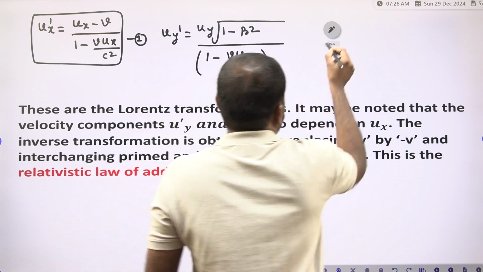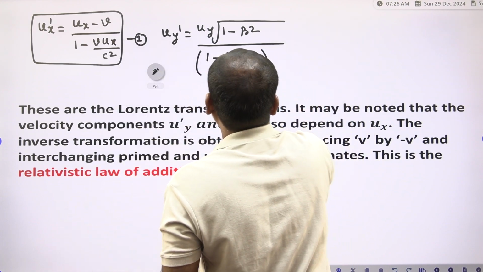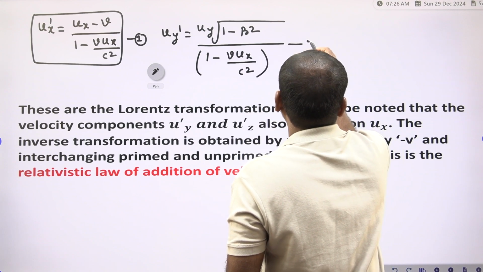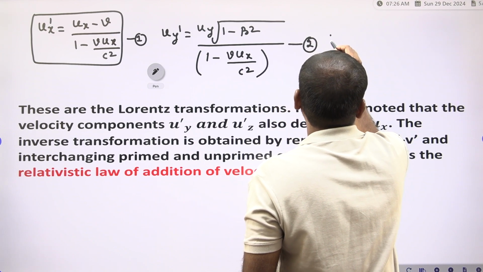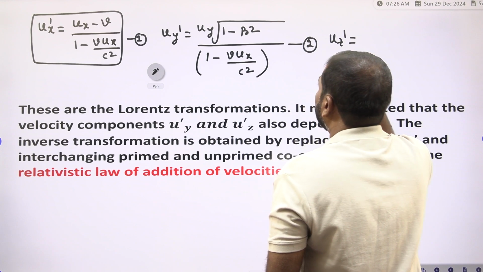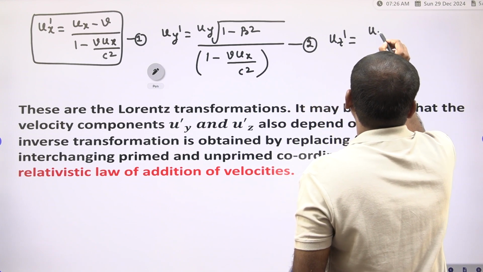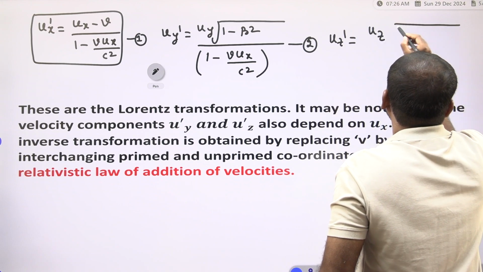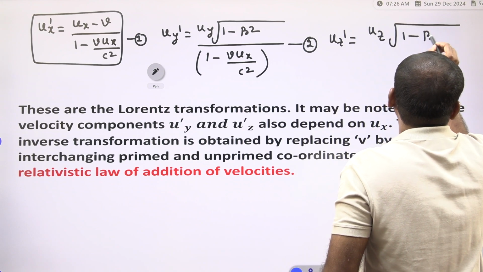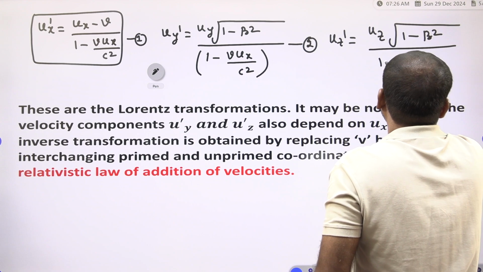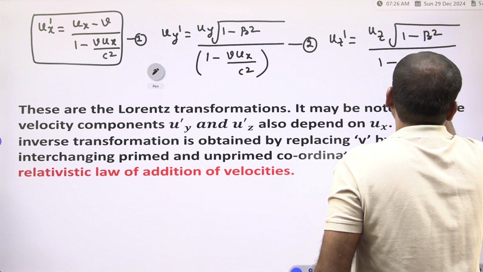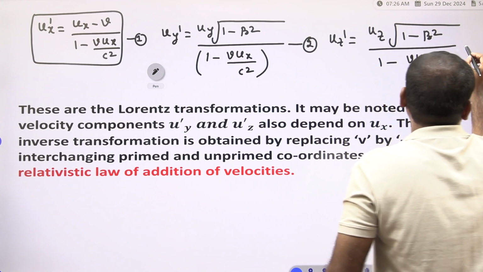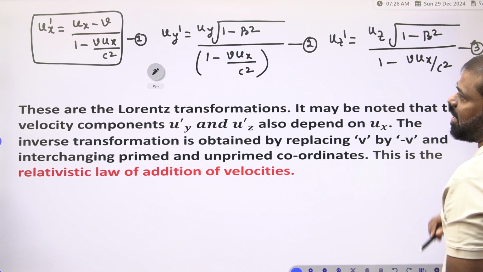Then uz dash is equal to uz into square root of 1 minus beta square, divided by 1 minus v into ux divided by c square. This is equation number 3.